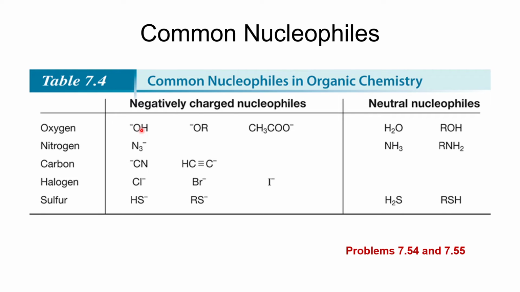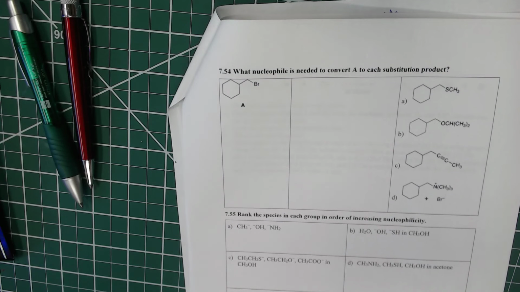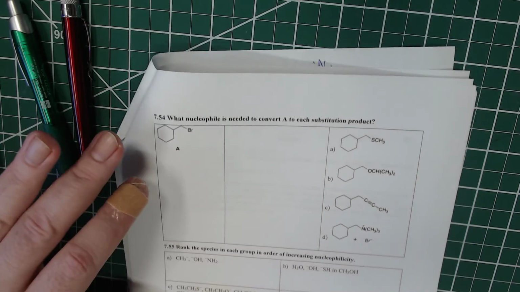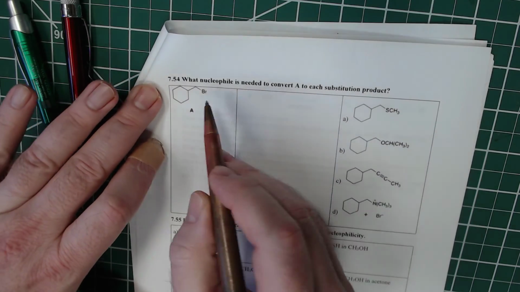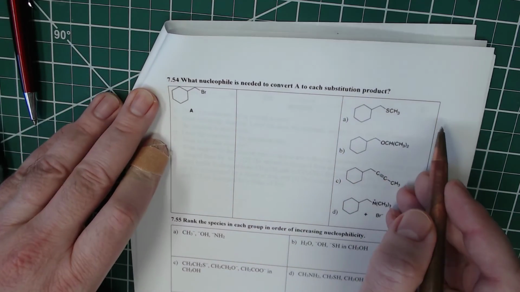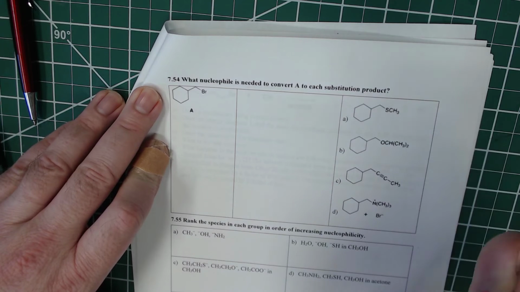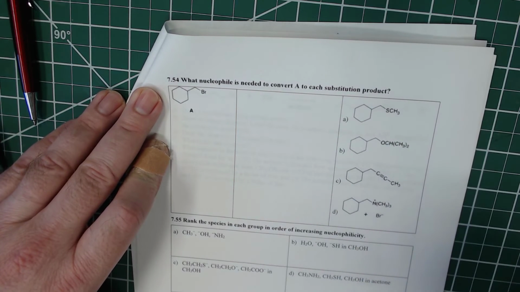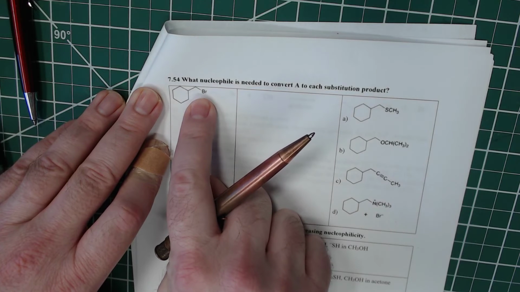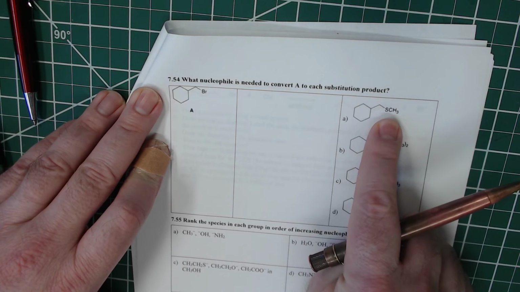All right, so what nucleophile is needed to convert A into each substitution product? Now, this is pretty easy. We just want to select what the nucleophile needs to be to replace that bromine with this.